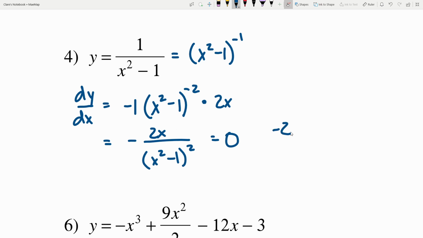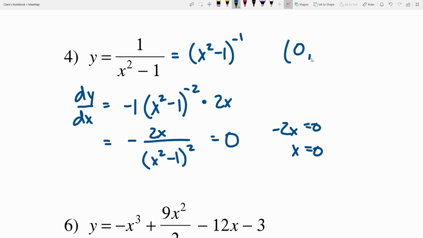So when does -2x equal 0? Well, that's when x equals 0. And let's double check. If we plug 0 into our denominator, we'd get 0 squared minus 1 squared, which would be -1 squared, which is a positive 1. So that doesn't give us something undefined, so we're fine to continue with this point. So we have a horizontal tangent line when x equals 0.